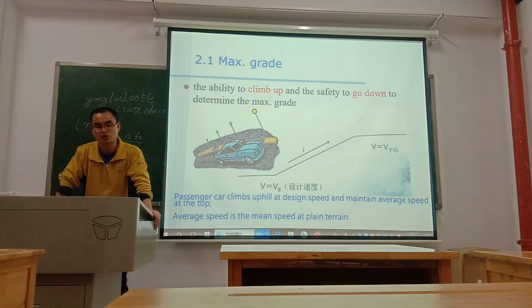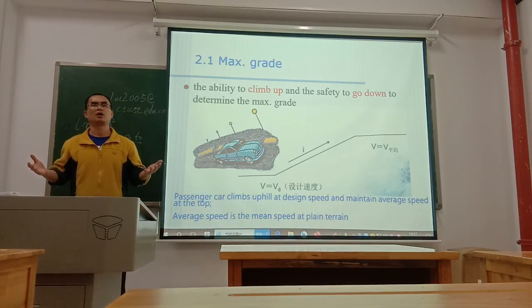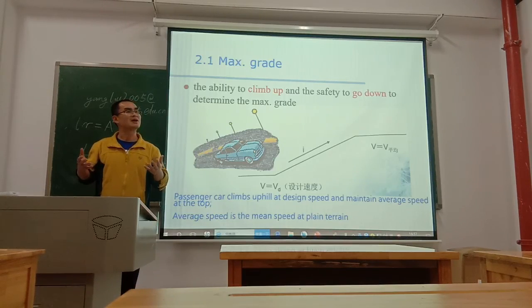The ability to climb up and the safety to go down determine the maximum grade. It's not determined by the car. It's determined by the truck, especially the heavy truck, because the performance of the car is much better than that of the heavy truck.